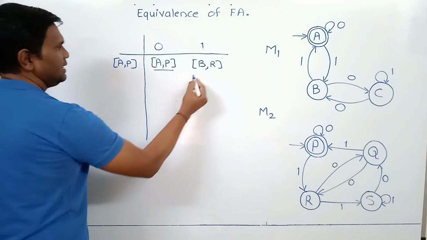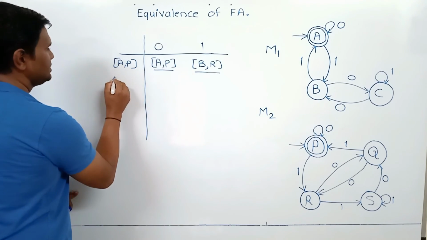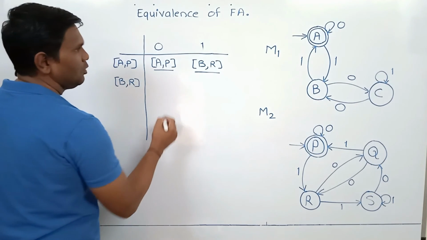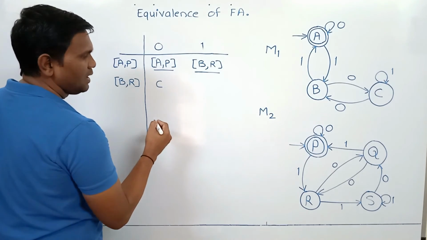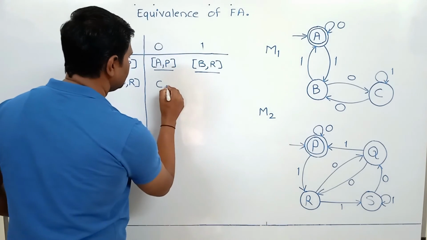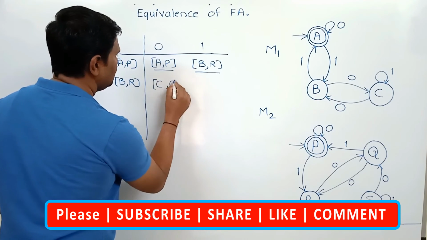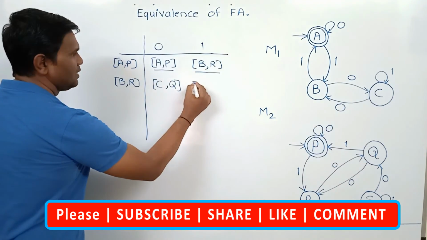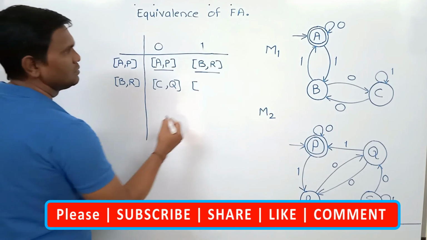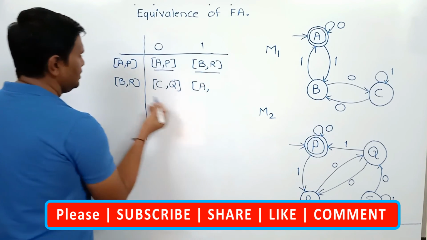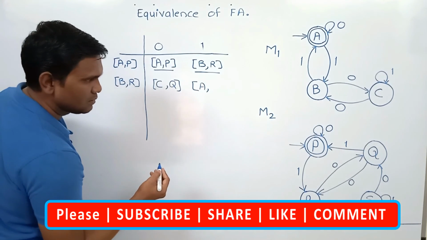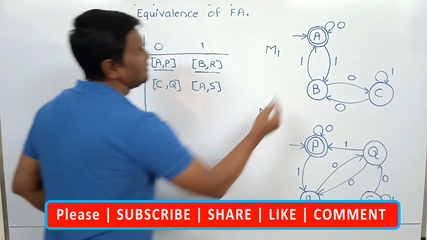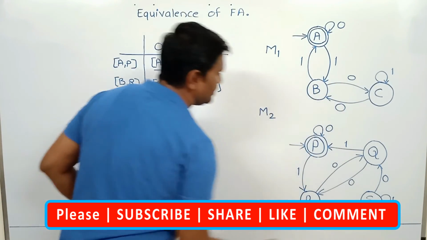So AP, it is here, BR, this is new entry in the table. B on 0 goes to C, R on 0 goes to Q, C comma Q, non-final, non-final. B on 1 goes to A, R on 1 goes to S, A comma S, final, non-final.